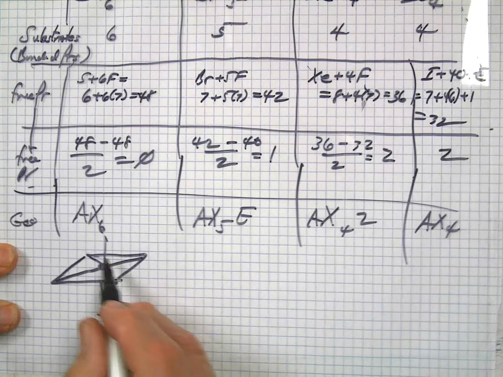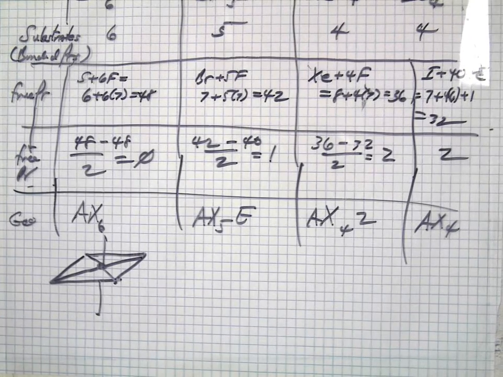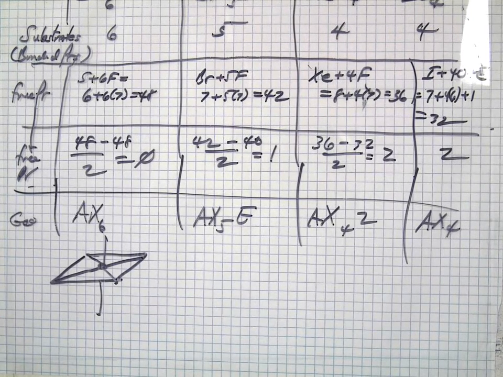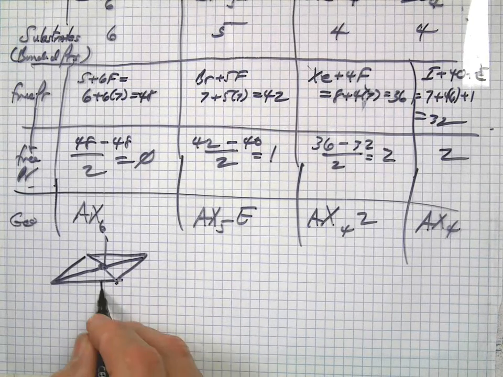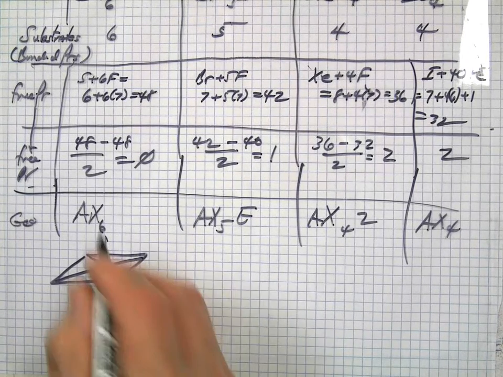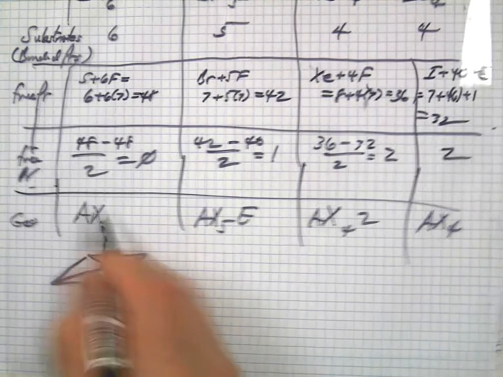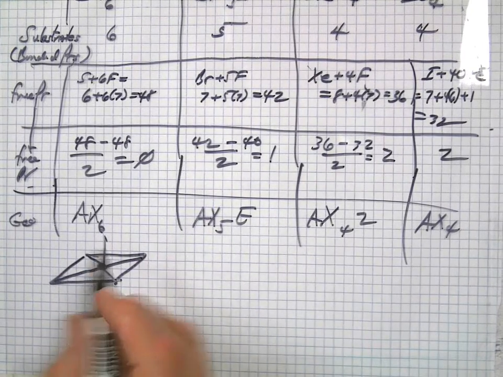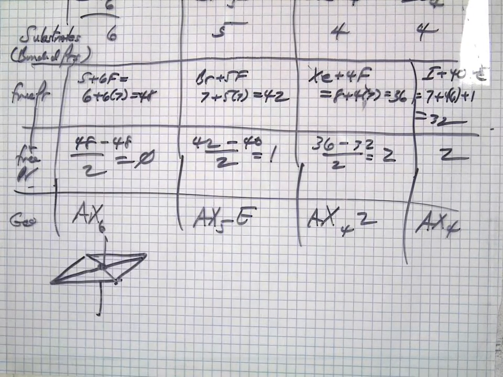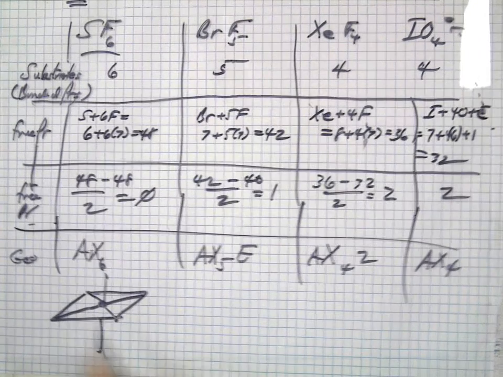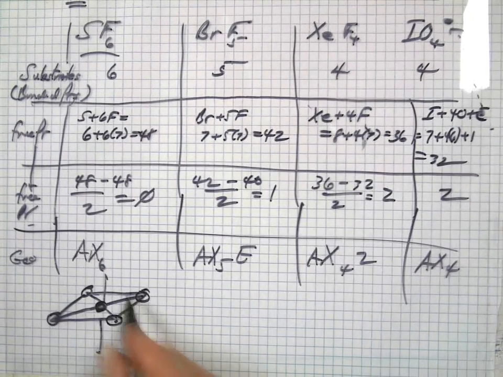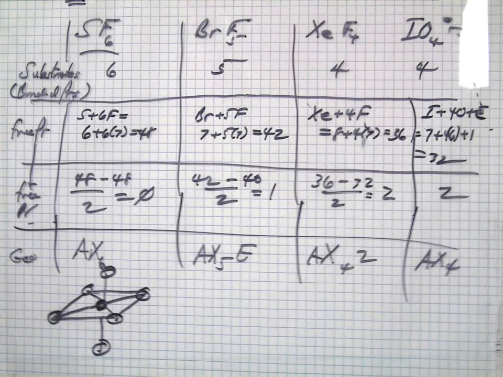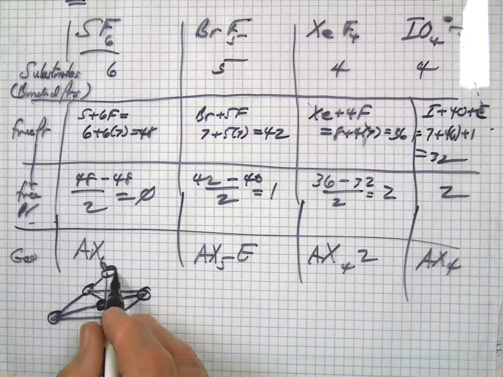So you got 4 in the middle, and 1 above and 1 below, that gives you 6 bonds, excuse me. Okay, so this geometry is an AX6, so everything's bonded out. So our SF6 up here is we got a sulfur in the middle, and we got 1, 2, 3, 4, 5, 6. So this is an octahedron.